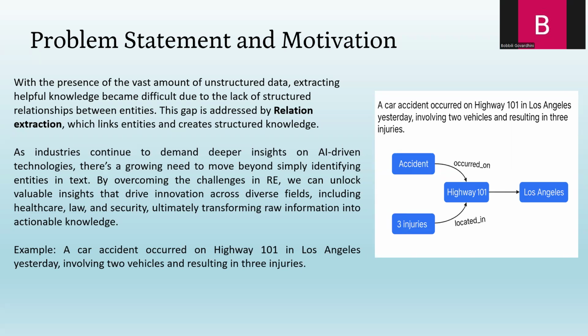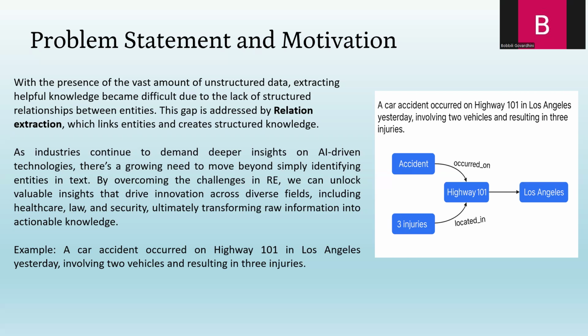Because of this, useful knowledge extraction from this data is difficult even for machines because the relationship between different entities in the text is not defined or structured. Relation extraction addresses this problem by identifying relationships between entities in the text and converting that information into structured knowledge.